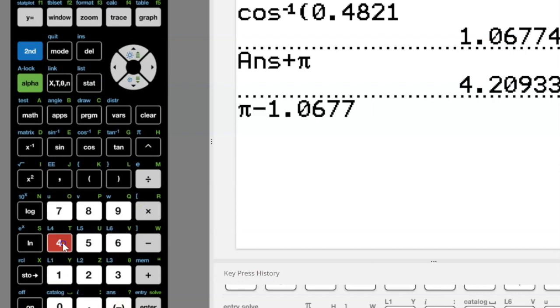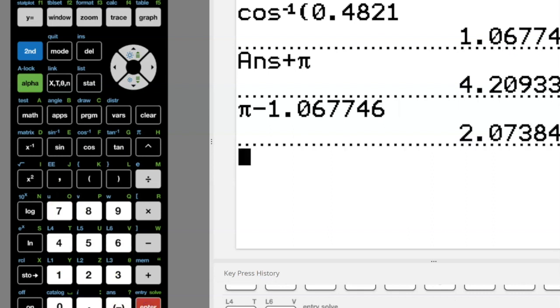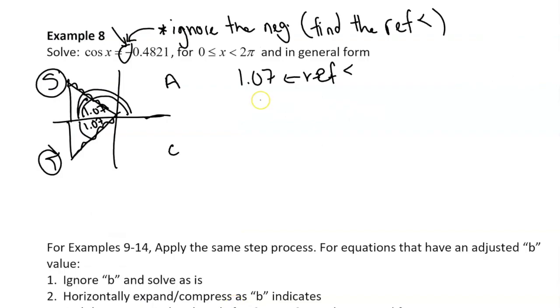I put in a few more decimal places, but I think they'll do the job. And we get 2.07. So 4.21 and 2.07. These would be each of your individual solutions.